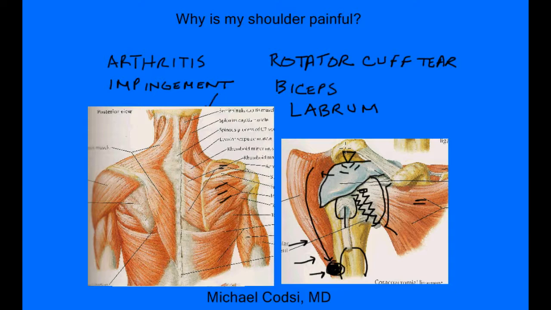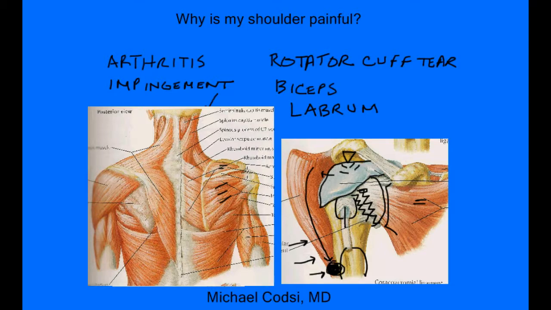And lastly, a very common problem that you can't really see if you just look at it with a camera, or if you kind of look inside the shoulder, but you can see it just by looking at how a person's joint moves, and that is when all this tissue around the shoulder becomes very stiff and it does not stretch like it normally should.